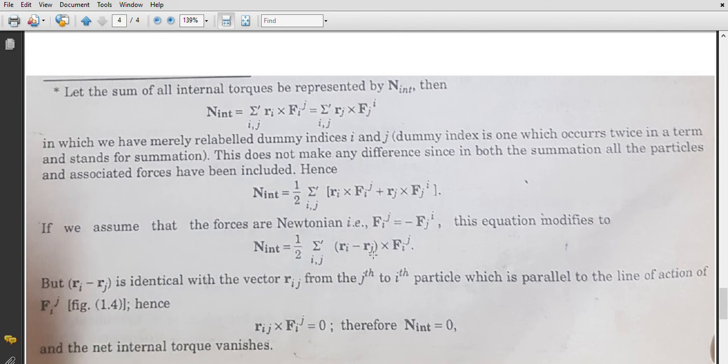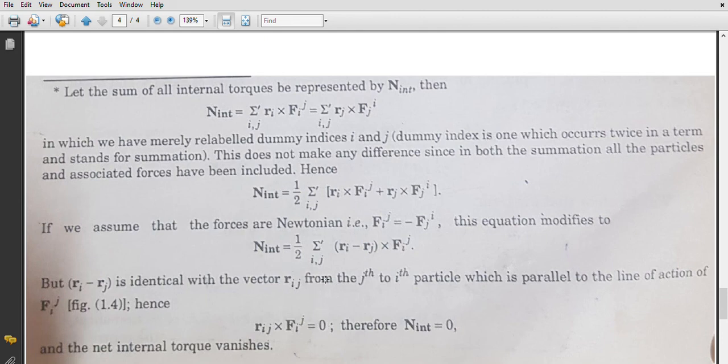These two are opposite, hence the minus sign arises here. Ri minus Rj is the vector Rij, whose direction is from particle j to i. Hence the directions of these vectors, Rij and Fij, are parallel to each other and the cross product will be equal to 0.